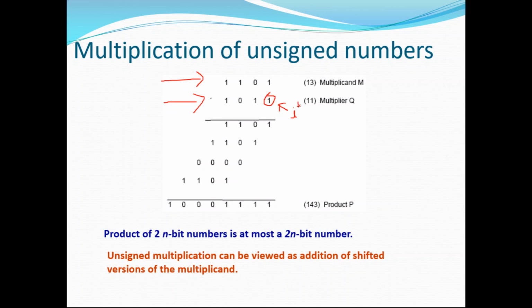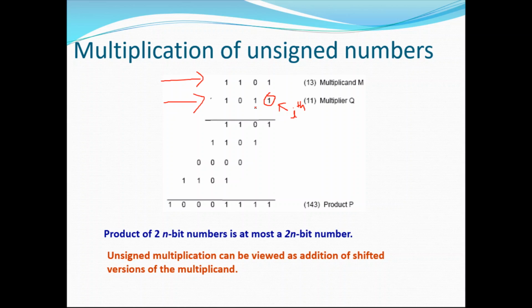If the ith bit is 0, then just copy zeros and shift by 0 times. If the ith bit is 1, then copy the multiplicand and shift it by i times.